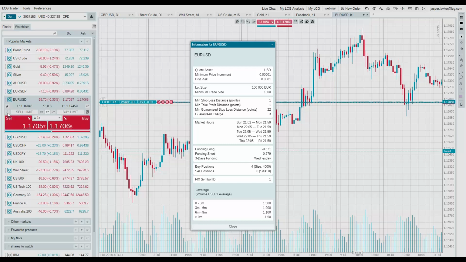So that's hence the need, typically, for some leverage in the account, because unless you want to throw 100,000 euros around, you need to trade smaller increments of that. So you can see that the minimum trade size is just 1,000 euros, or indeed you can trade 100,000, but you need to use margin. And down the bottom, you can see the amount of leverage available according to the size of your trade.